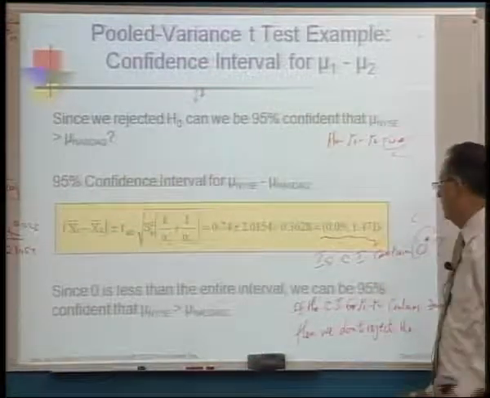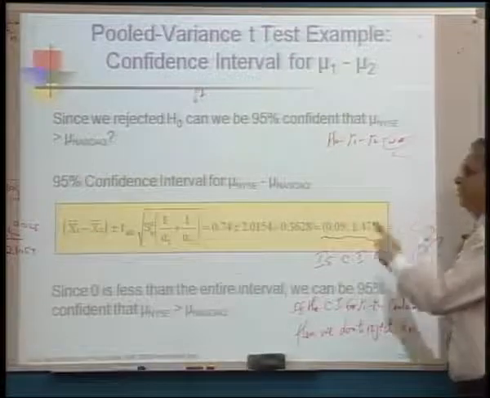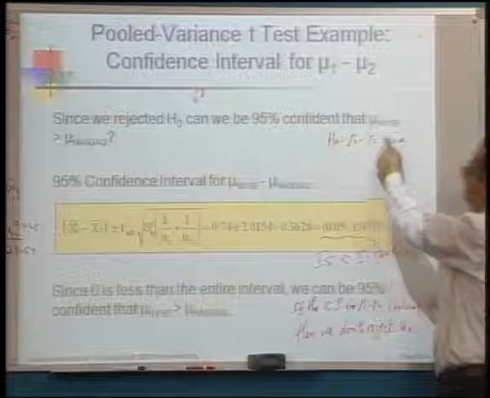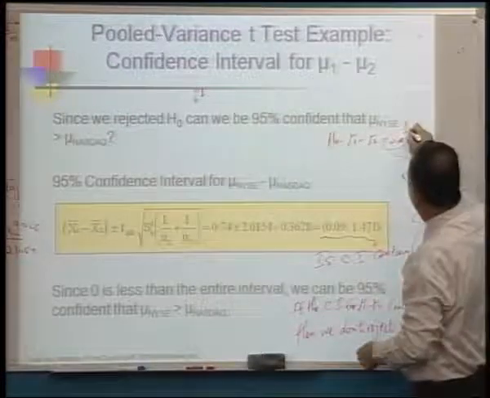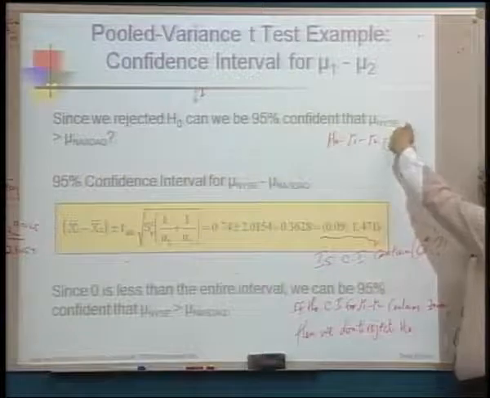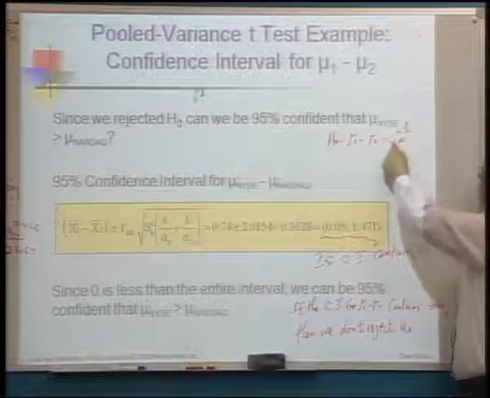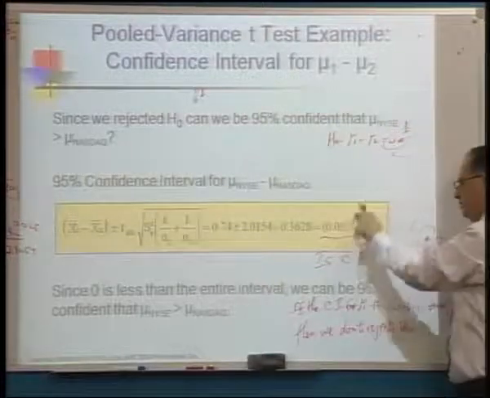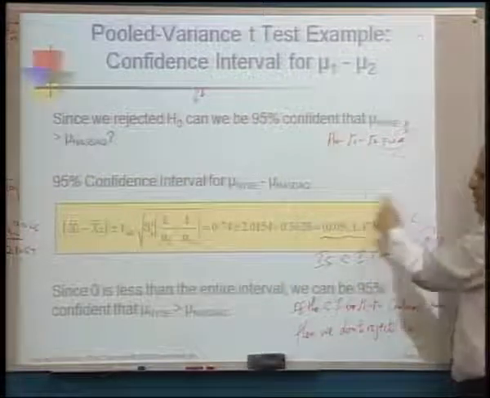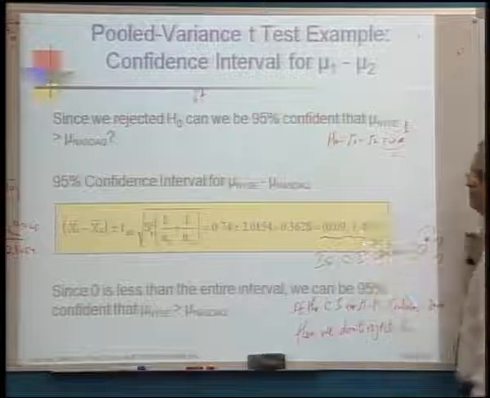But be careful, it's not always 0. Here we are assuming the difference is 0, but if the difference is 1, then ask yourself, does this interval contain 1 or not? But in this case, it's 0. So the question is, does the CI contain 0 or not? 0 is outside, so we reject the null hypothesis.